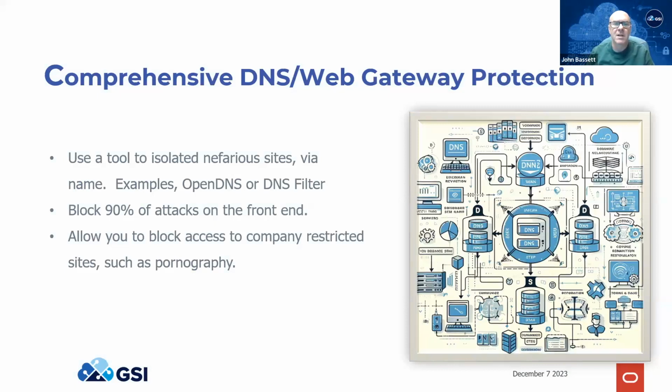GSI and many companies that I've worked with have implemented a DNS protection tool: OpenDNS, DNS Filter, Cisco Umbrella. And what we have found here is that 90% of any attack is caught.